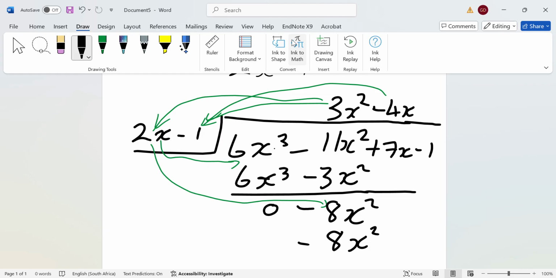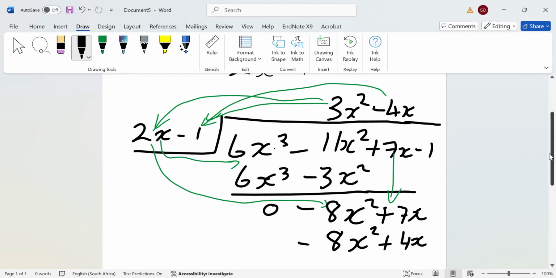So you're going to bring down that 7, you bring down that 7x here, so you're going to have 7x. Okay, and then that multiplied by -1 gives you positive 4x.